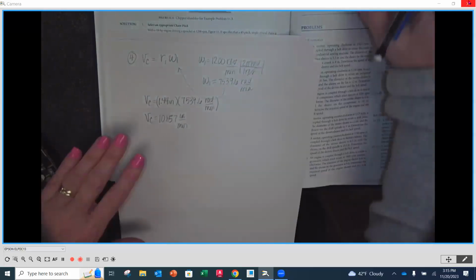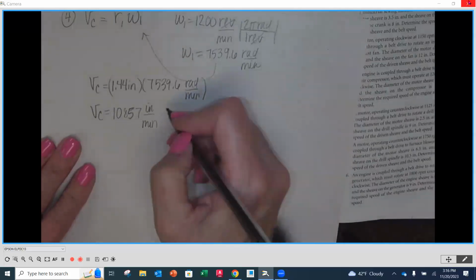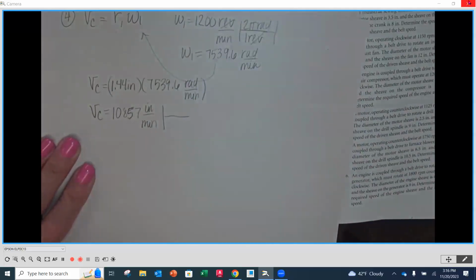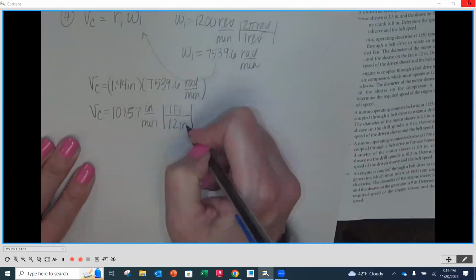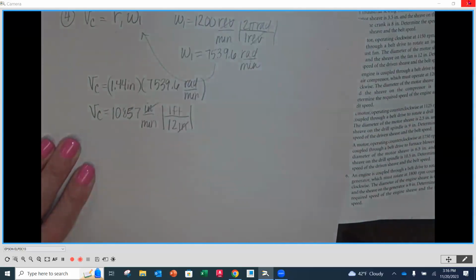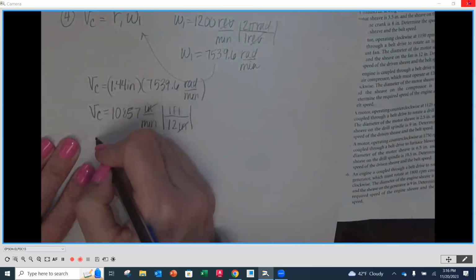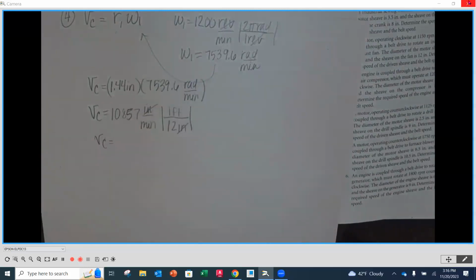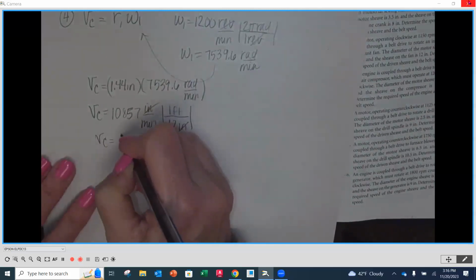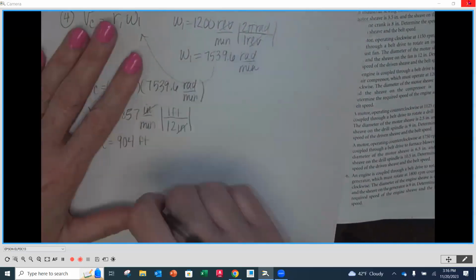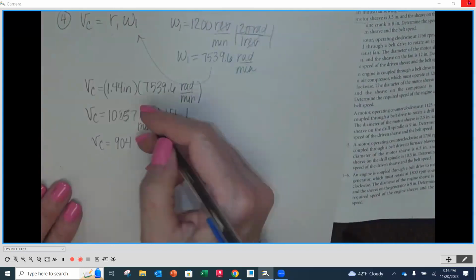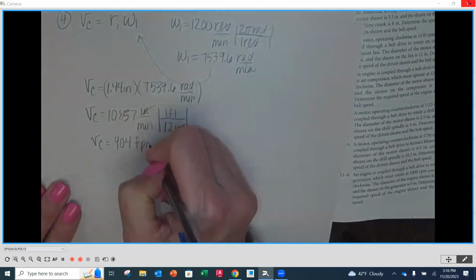And to convert that to feet per minute, I know that there's 12 inches in 1 foot. Inches go on the bottom, so I'm in feet per minute. So my VC should be 904 feet per minute. You can just put FPM, feet per minute.